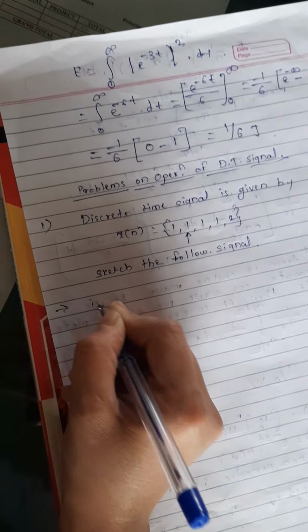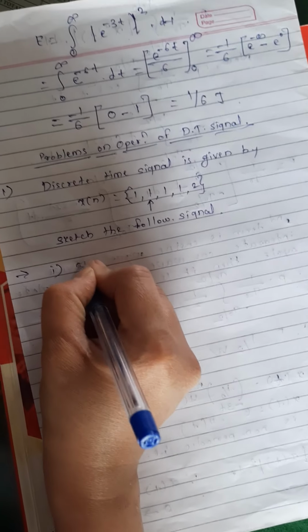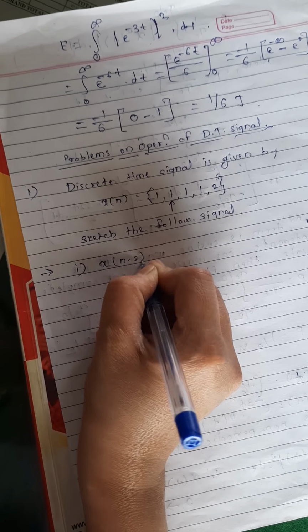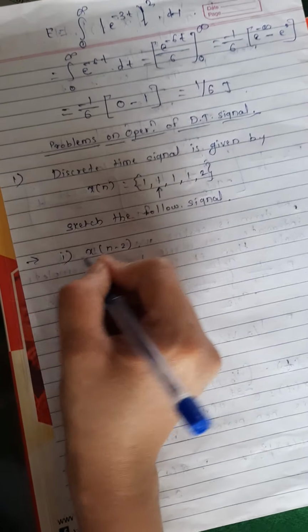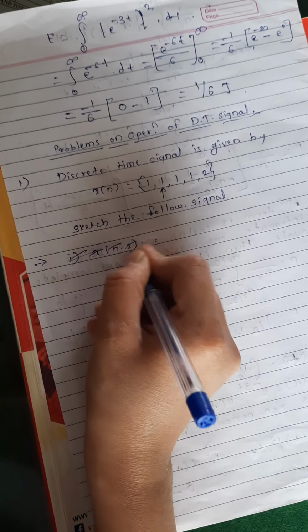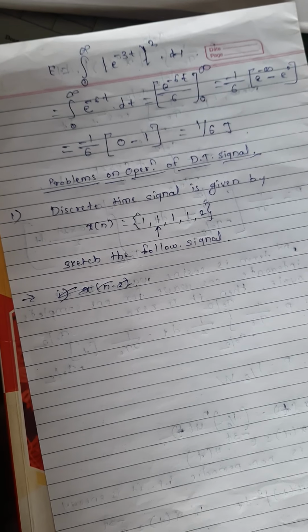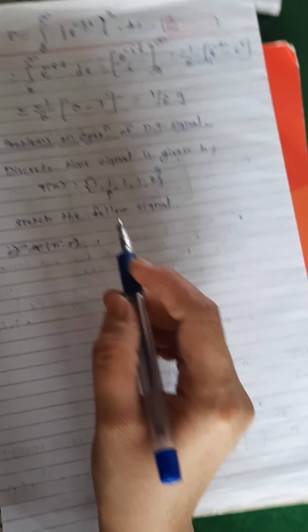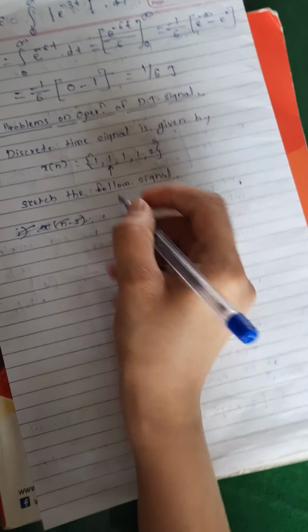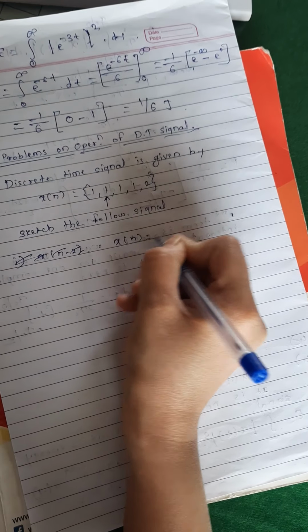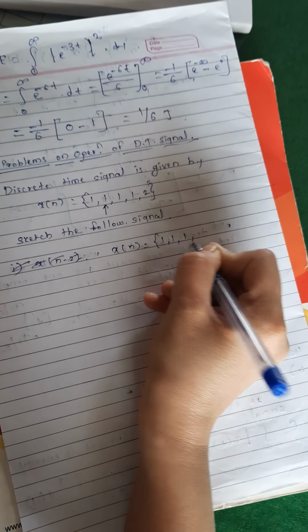So the first signal we have to sketch is x of n minus 2. Before that, we will write the given sequence once again. The given sequence is x of n is equal to 1 1 1 1 2.